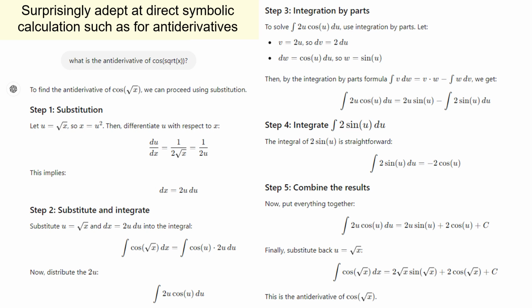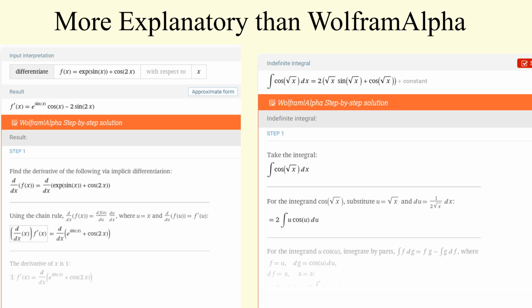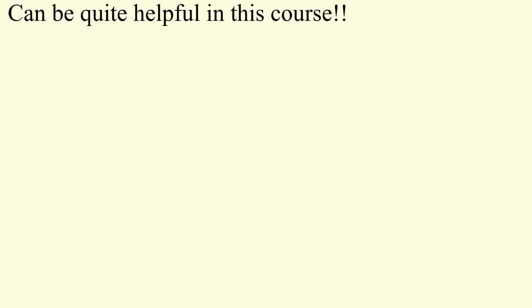It is done using a substitution, and you have to do some algebraic manipulation within that substitution. And once you get done, you have the antiderivative. Now ask it to differentiate and make sure it's the right answer. It's more explanatory than Wolfram Alpha, which does the same thing, but without the nice conversational explanations. It can be quite helpful in this course.